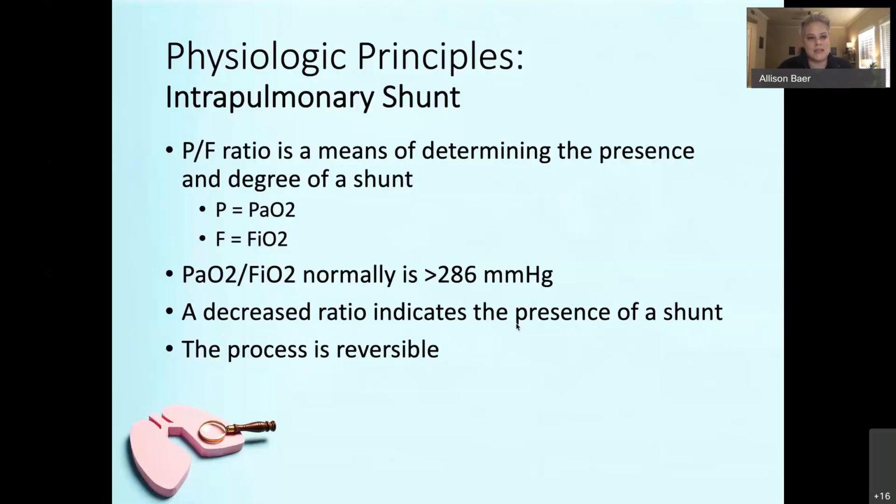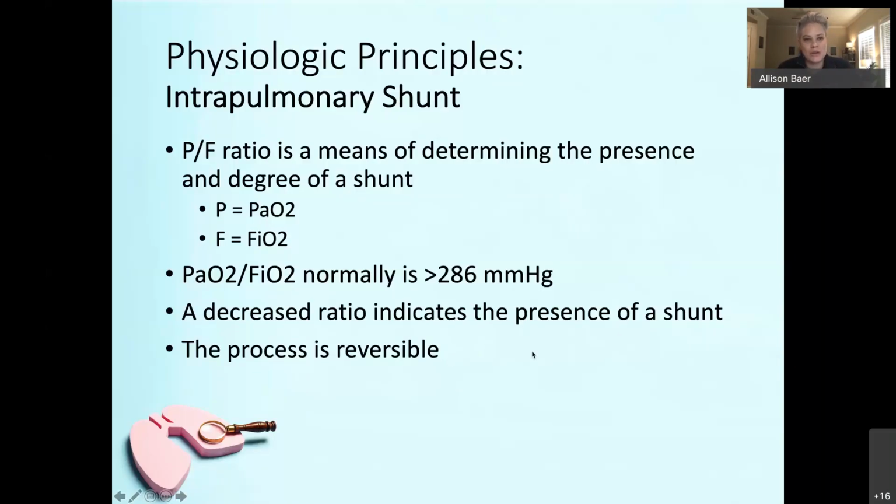But the less this gets, it's basically saying if your PaO2 is 100 on your gas, but you're on 100% oxygen, that's 1, right? FiO2 is up to 1, so it's in points. So that's 100. That's pretty bad if you're on 100% FiO2 and your PaO2 is only 100. But if you're on 21% air, which is 0.21, and your oxygen sat's 100, it's whatever that math is, which is way better.